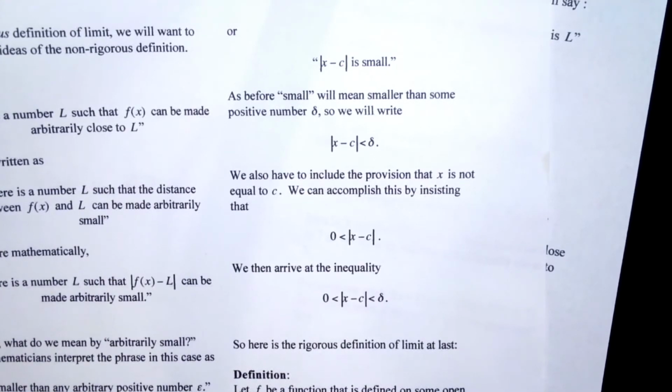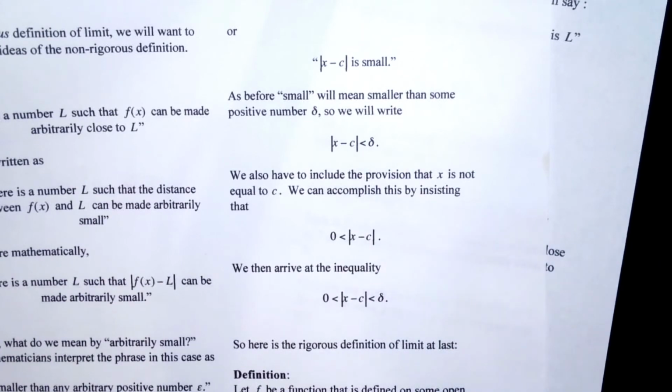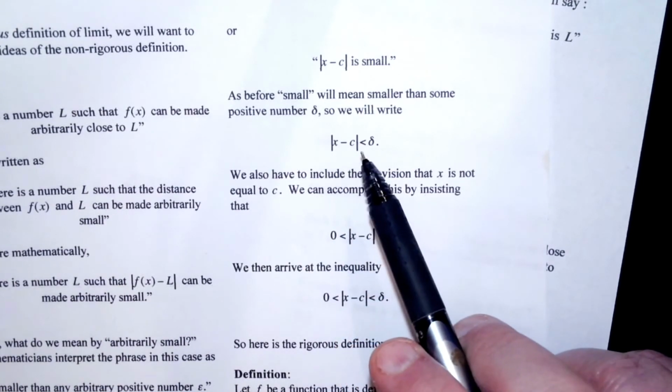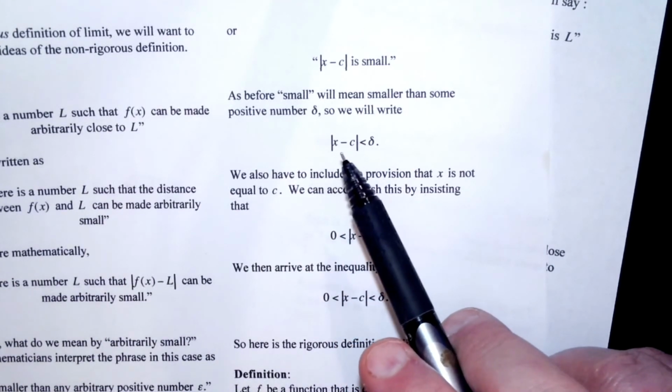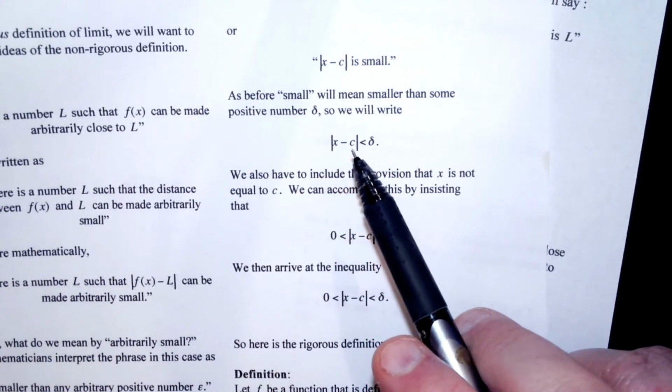Now, there's one other thing that we have to take care of. Remember that we said that we didn't want x to go all the way to c, so how can we take care of that? Well, what happens if x goes all the way to c? What happens if x equals c? Then if x and c are the same, then x minus c is 0.